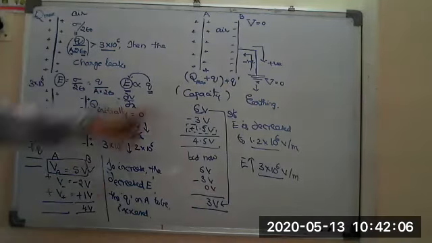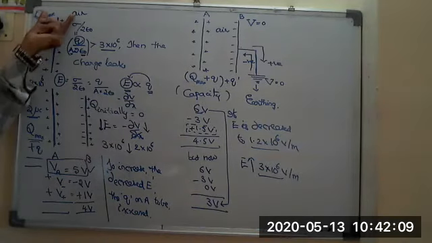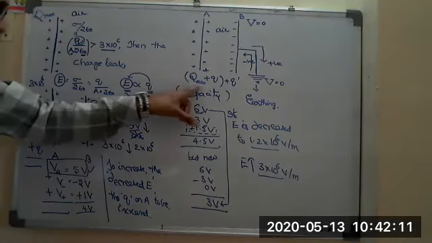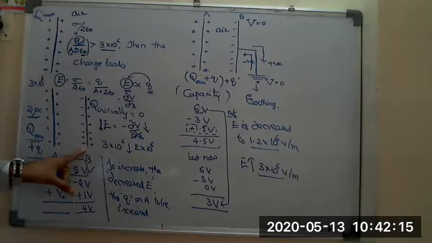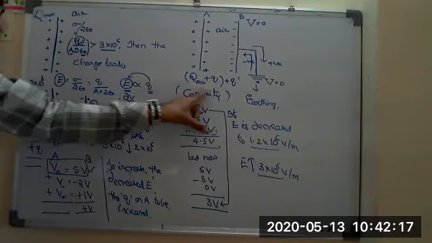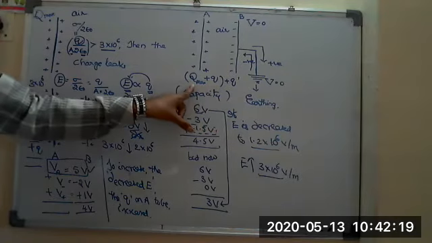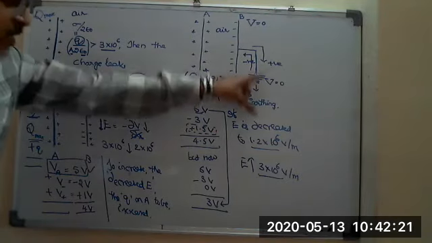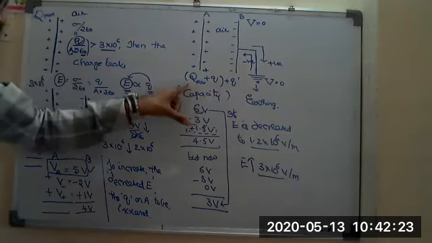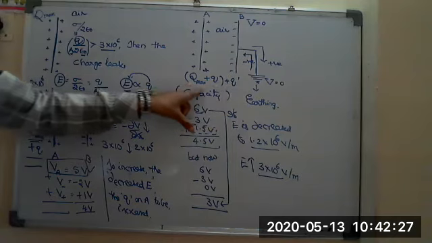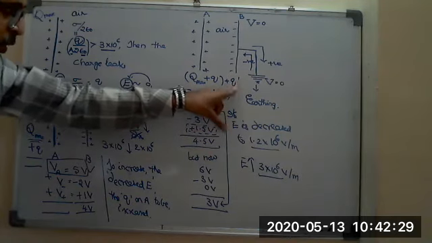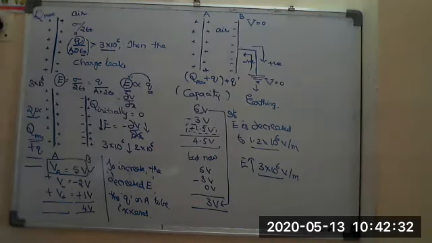Here, initially the isolated one has only this much capacity to take the charge. After placing the neutral plate, it has this much capacity to take the charge. Now the farther side is earthed. Again, this is the capacity of the combination to take the charge.